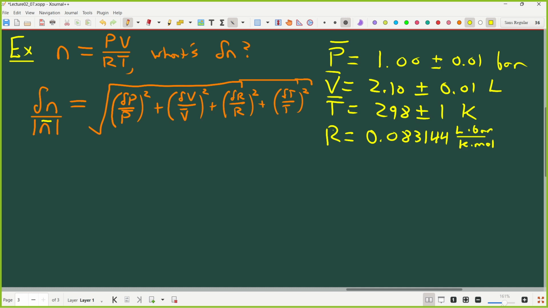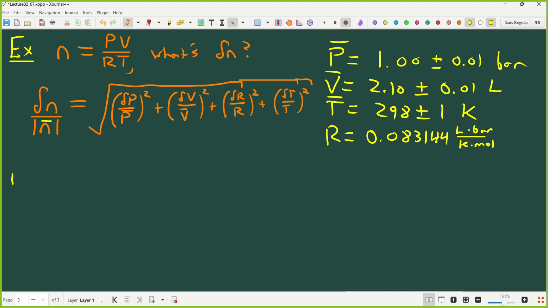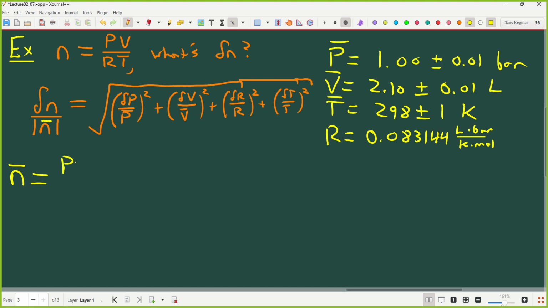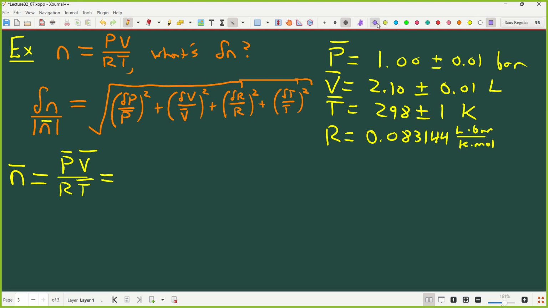That's really easy. n is the value of P we measure times V, divided by the value of R we measure times T. And that's just a little plug and chug.